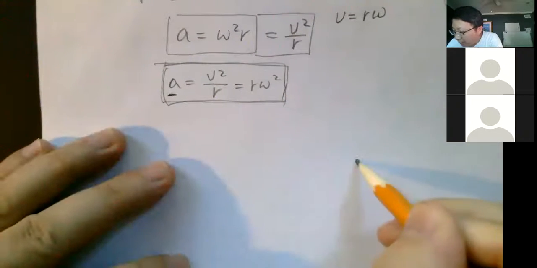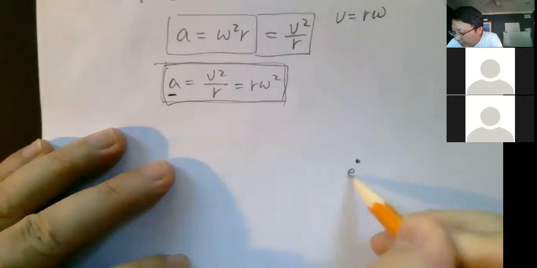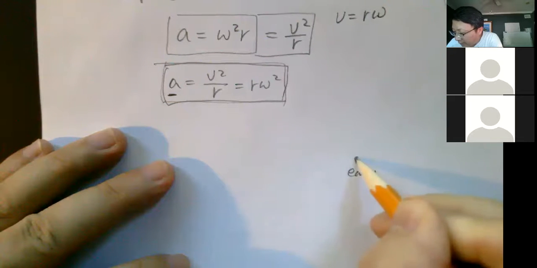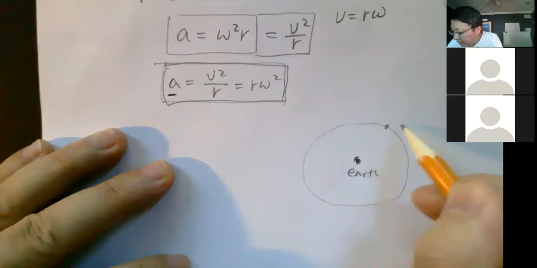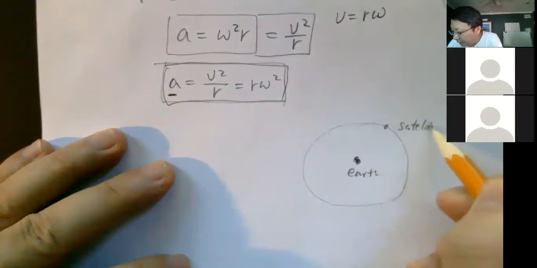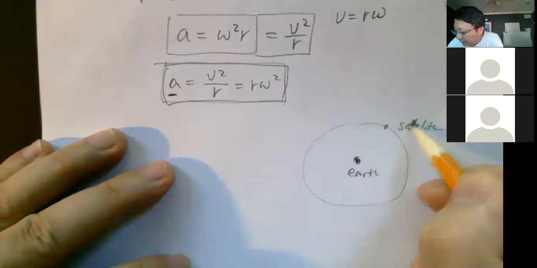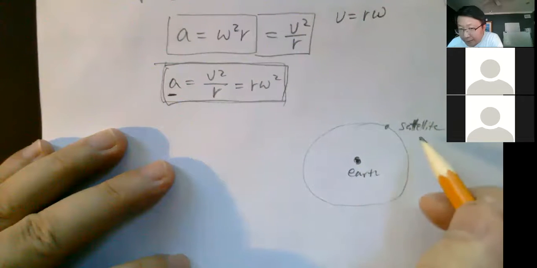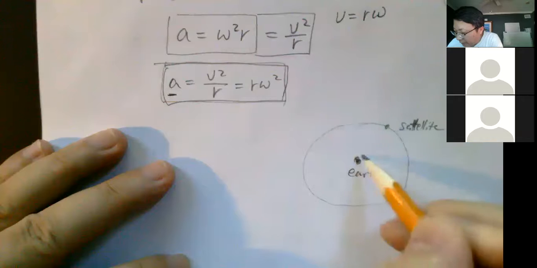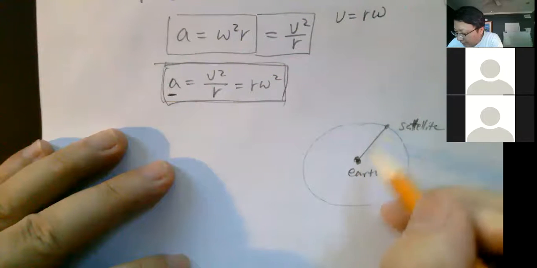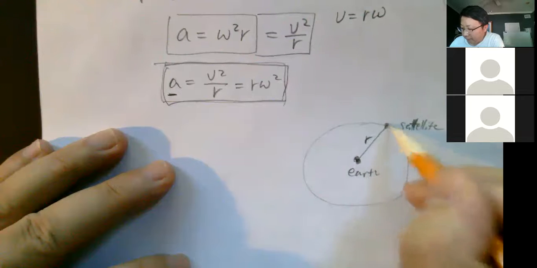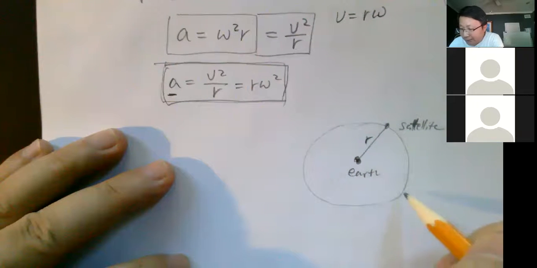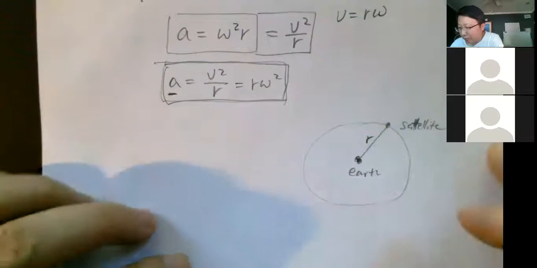For example, we have the Earth and a satellite orbiting around the Earth at a distance, center to center, r, with a constant angular velocity rotation.